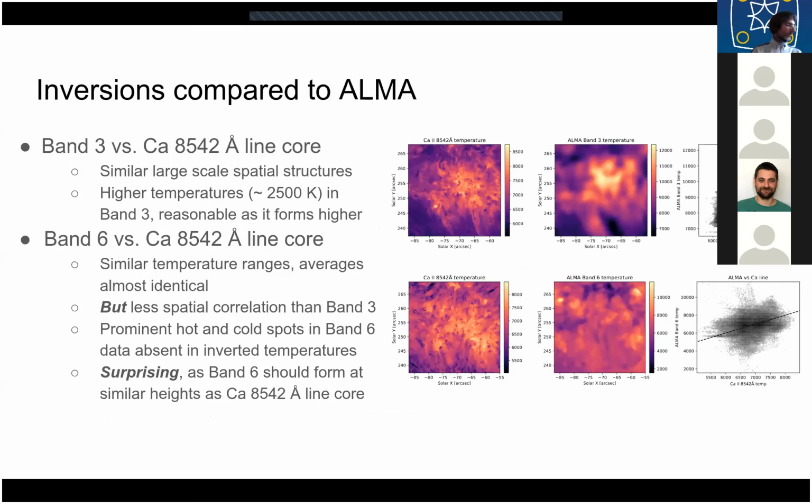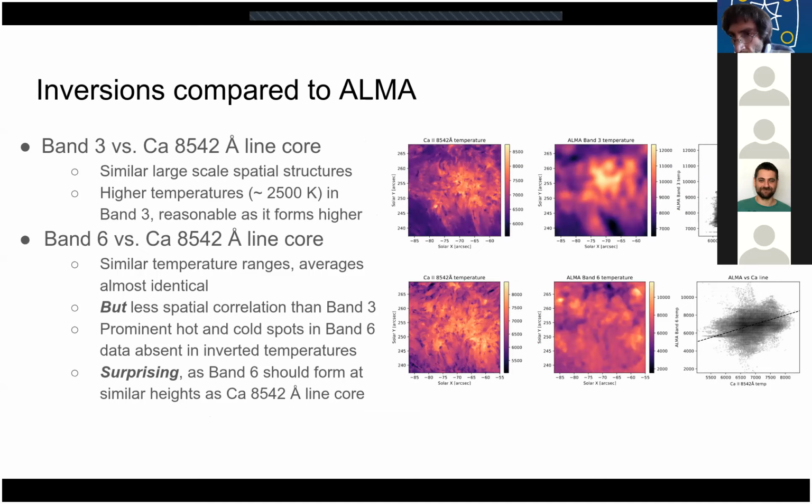So what do we see here with these inversions and with ALMA? Well, a couple of interesting things. If we compare the temperatures derived from the inversion of the calcium line with the temperatures observed in ALMA band 3, then we see that they have very similar large-scale spatial structures.